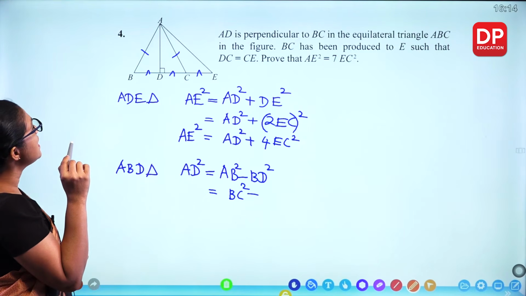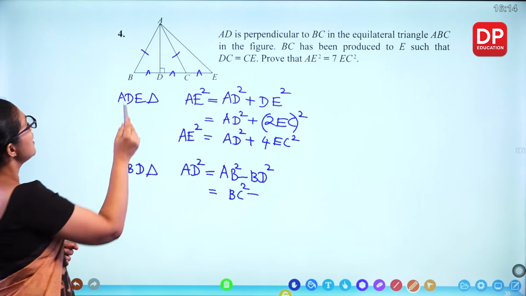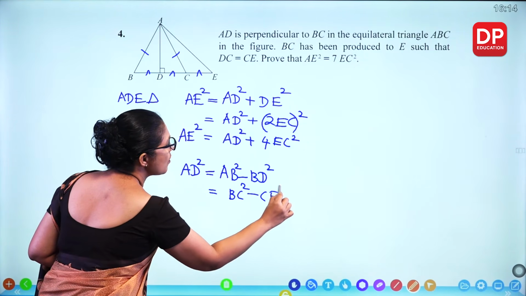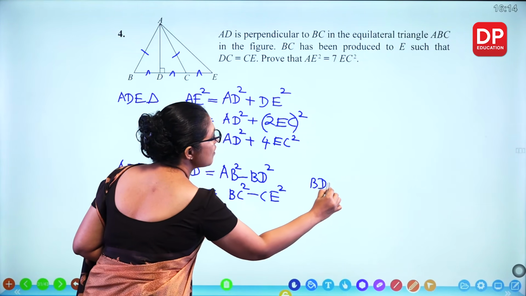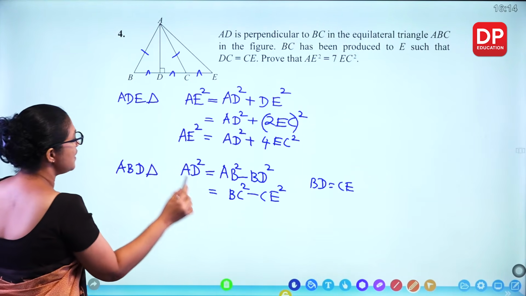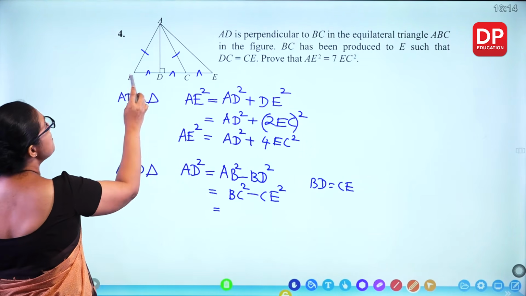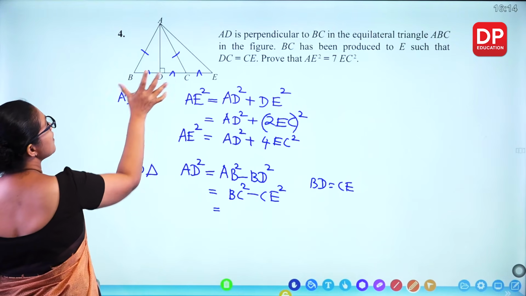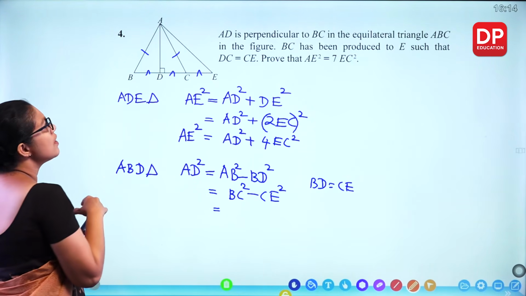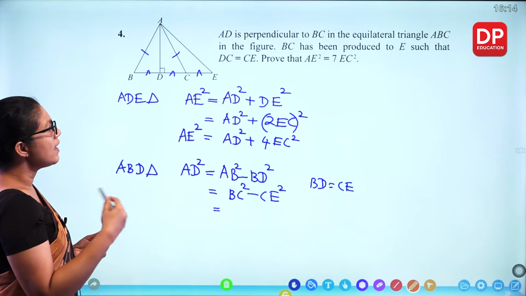BD length is same as CE. CE squared. So BD equals CE. Then what is BC? BC length I can write twice of CE or EC.